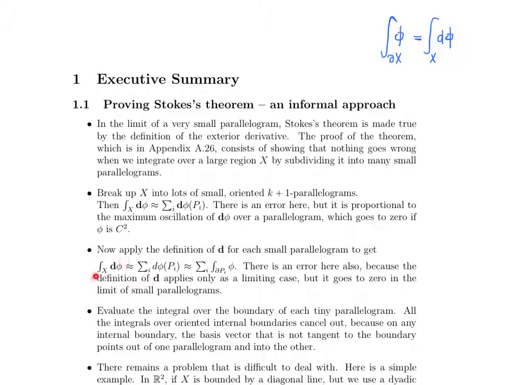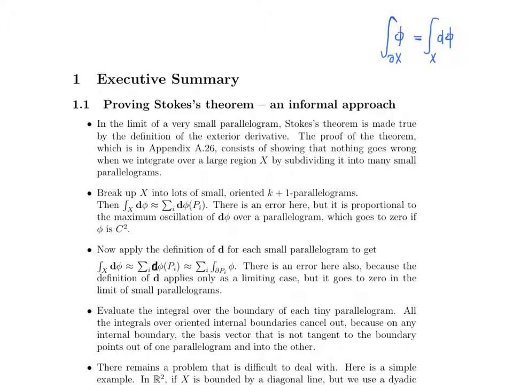So we've gone from here, where we're integrating the exterior derivative over this entire region, to summing the value of the exterior derivative, and that should be a bold d, over a bunch of k+1 parallelograms, because altogether the k+1 parallelograms make up the entire region X. Now we're going to apply the definition of what it means to evaluate the exterior derivative over all of these k+1 parallelograms, and that, of course, by the definition of the derivative, is over each of these parallelograms, we actually want to be integrating phi itself over its boundary.